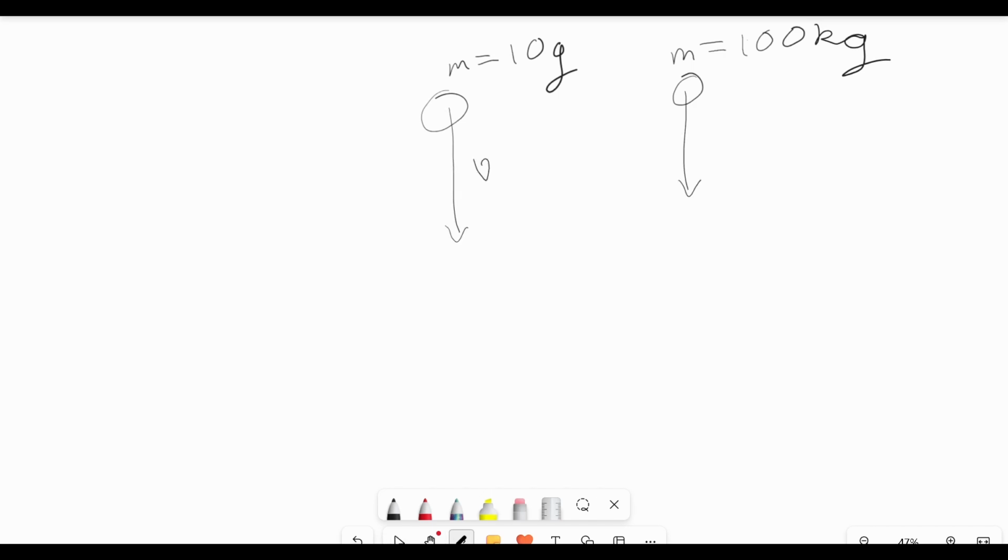Let's say this is V1 and this is V2. Then V1 theoretically should be equal to V2, but that doesn't occur every time in the real world.